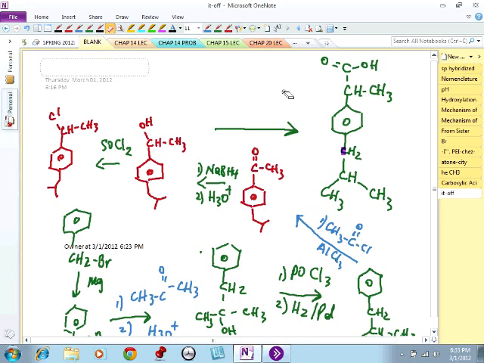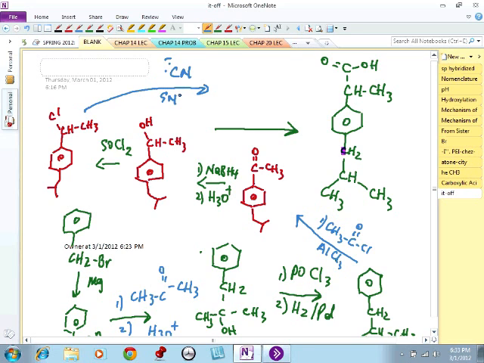So therefore, what do they do to get from here? The cyano group will act as a nucleophile. So what they do, they take this here, then they take the cyano group as a nucleophile, do an SN2 reaction on this.